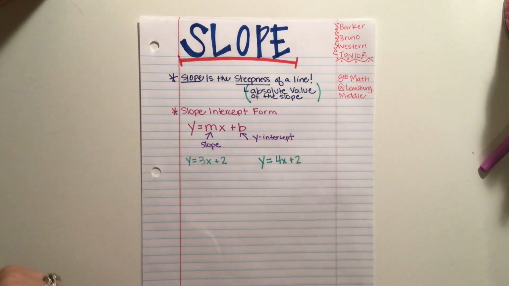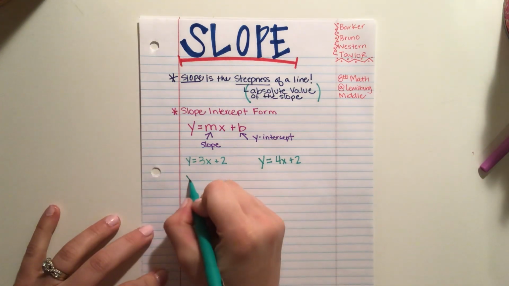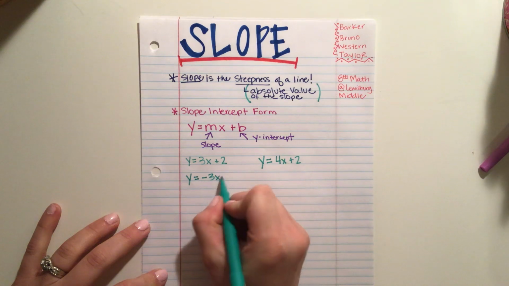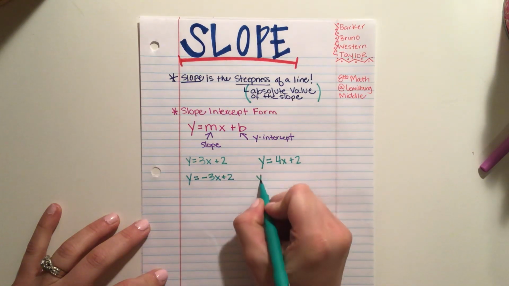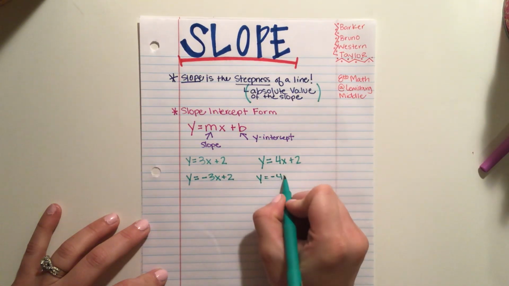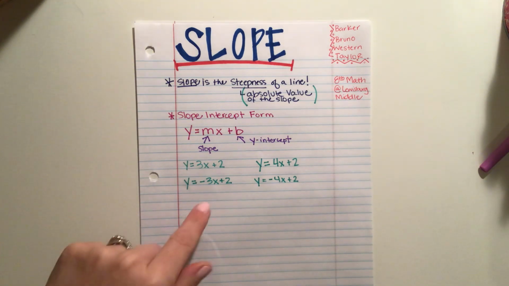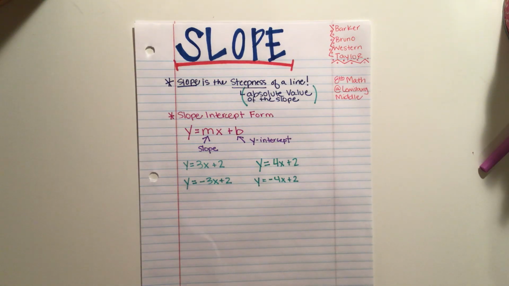Now, if you ever see negatives in your linear lines, so y equals negative 3x plus 2 and y equals negative 4x plus 2, you're going to take the absolute value of the slope. On a number line, you would know that negative 3 is bigger than negative 4.